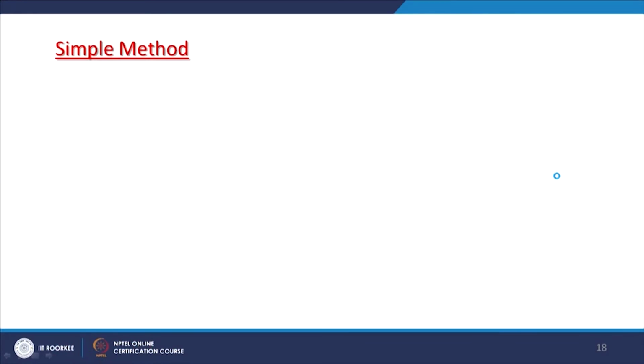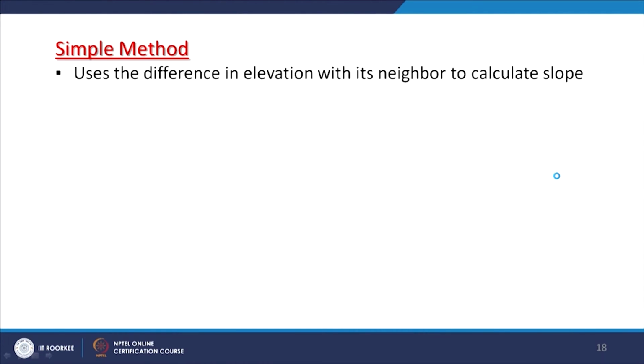Various variants are available. The simple method is basically the concept which uses the difference in elevation with its neighbor to calculate the slope. Whichever cell against the center cell has the lowest value, that becomes basically the slope; the amount of difference will decide the amount, or in terms of degrees we can calculate, and it will also decide the direction, both cardinal and ordinal.